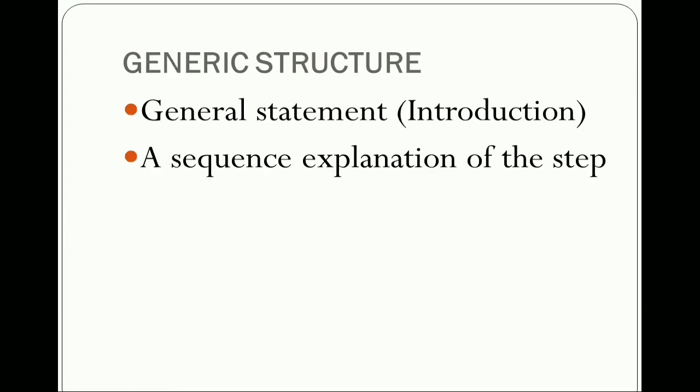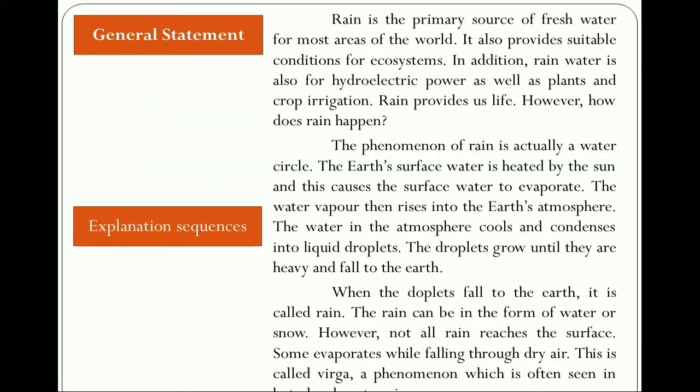How about the generic structures of explanation text? Well, the first one is a general statement or introduction, and the second is a sequence of explanations of the steps. Here you are. The general statement in the text how the rain happens is in the beginning.